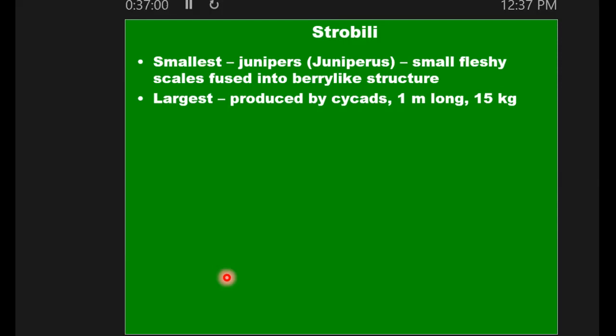But so everyone says it's a juniper berry, but really you need to know now that you're in a botany class, no, it's a cone, it's a strobilus, and it's actually a gymnosperm that's producing that. Cycads have really big cones. I'll show you some pictures. It's impressive because cycads aren't that big, at least in the United States.